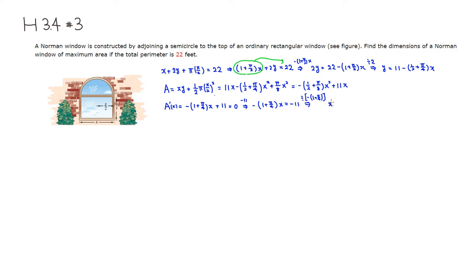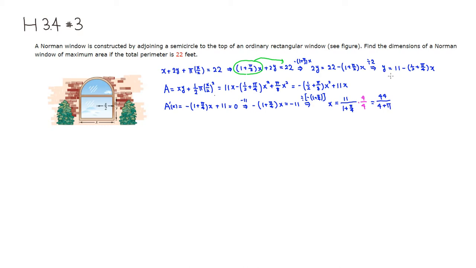So you can see that x is equal to 11 over 1 plus pi over 4. I'm going to go ahead and multiply top and bottom by 4 so that we get 44 over 4 plus pi. So that's x.